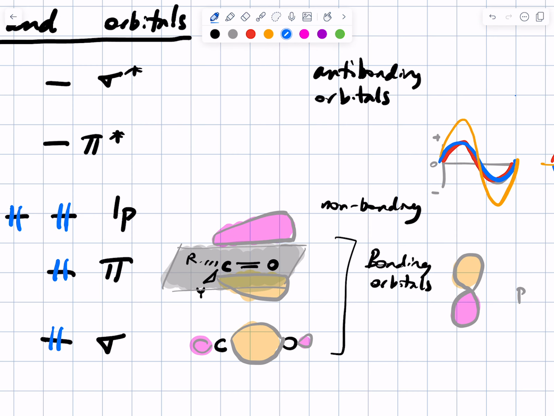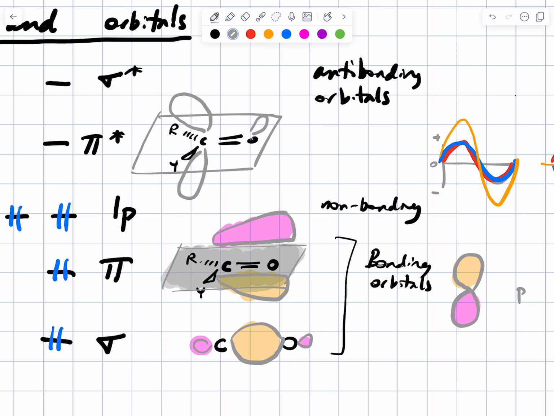So if I were to draw, sort of the way I did below here, a carbonyl on its side, and here is the plane that the carbonyl lies in, the same way that the filled pi bonding orbital is leaning or polarized towards the oxygen, so the empty antibonding orbital is actually polarized towards and leaning towards the carbon. In other words, more of the pi star is on the carbon than on the oxygen.